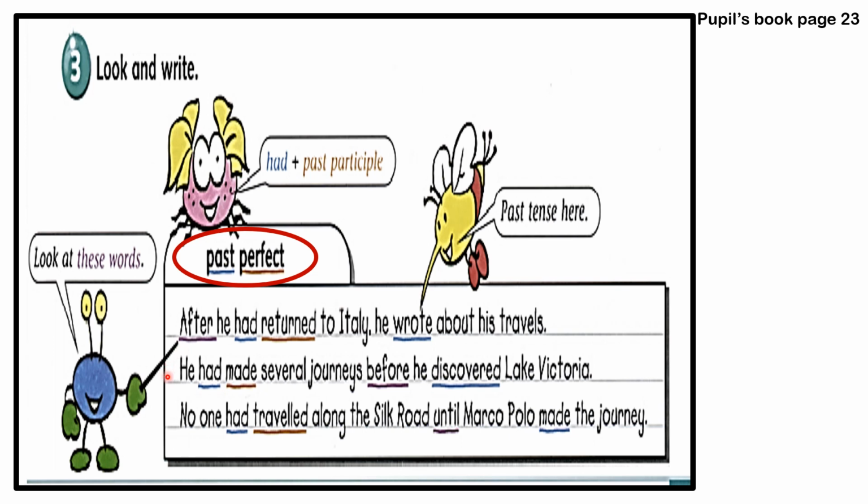Next, he had made several journeys before he discovered Lake Victoria. Another one, no one had traveled along the Silk Road until Marco Polo made this journey. And remember, in making past perfect tenses, we also use time expressions like after, before, and until.